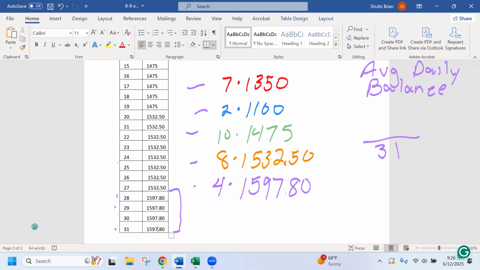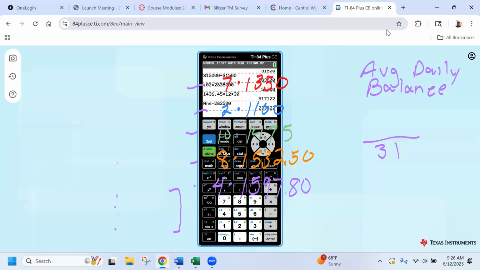So I'm going to grab my calculator. And I'm going to clear. Okay.